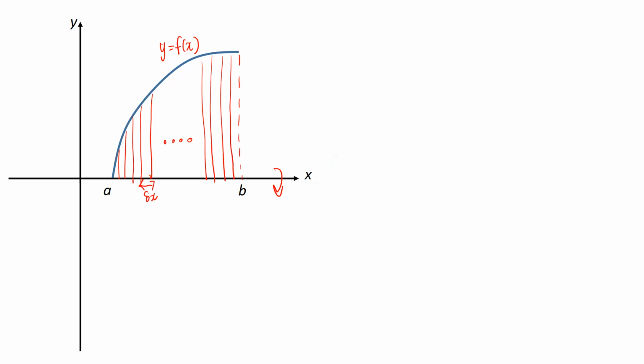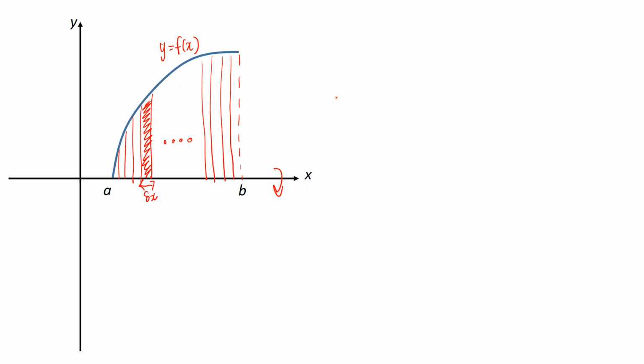Alright, for all these small strips, I'm going to pick one of them and ask myself, if I am to rotate this strip that I've just shaded about the x-axis 360 degrees, what do I get?